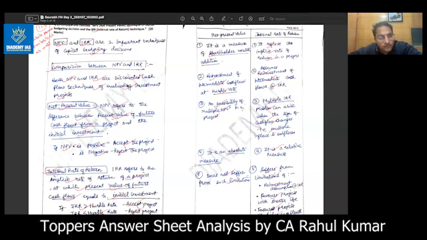NPV refers to the difference between PV. IRR refers to this. Then NPV measures shareholder wealth addition, while IRR is an implicit rate of return, with reinvestment of intermediate cash flows.